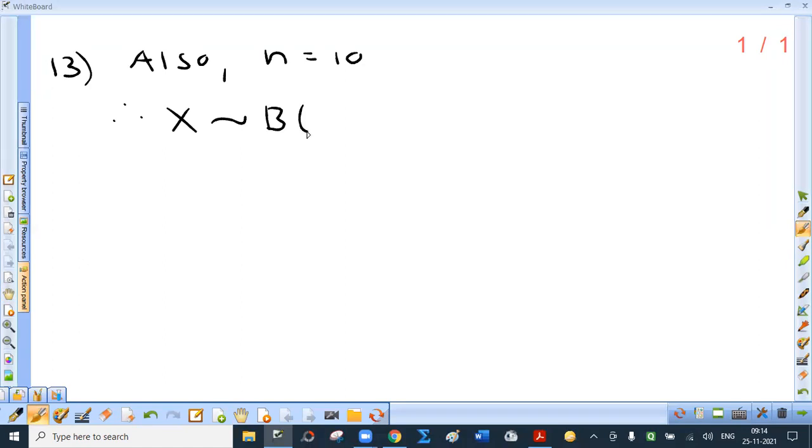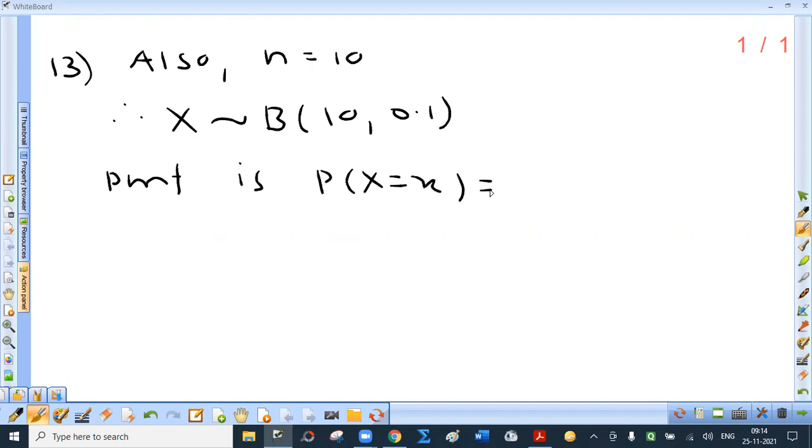So x follows binomial distribution with which parameters? 10, 0.1. Write down. PMF is, I will directly write, 10Cx, 0.1 raised to x, 0.9 raised to 10 minus x.